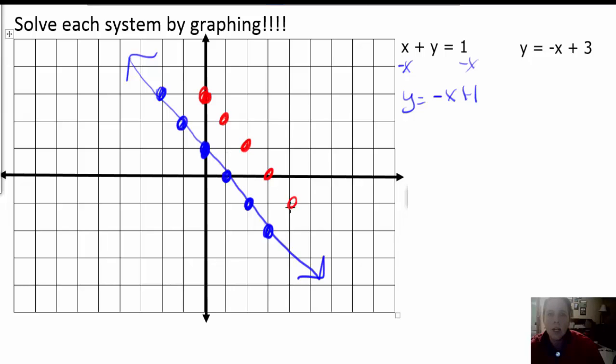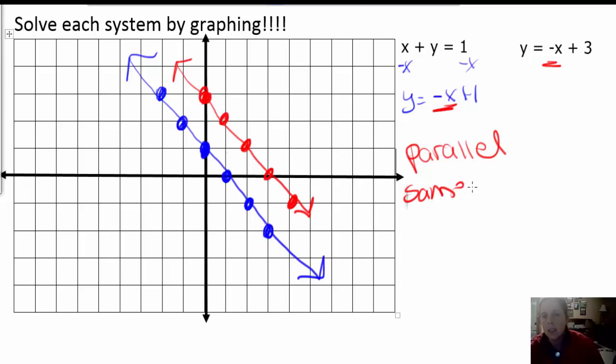Down. What do you guys notice about these lines? Are they ever going to touch? Okay, these are parallel. And we know they're parallel before we even graph because they have the same slope.